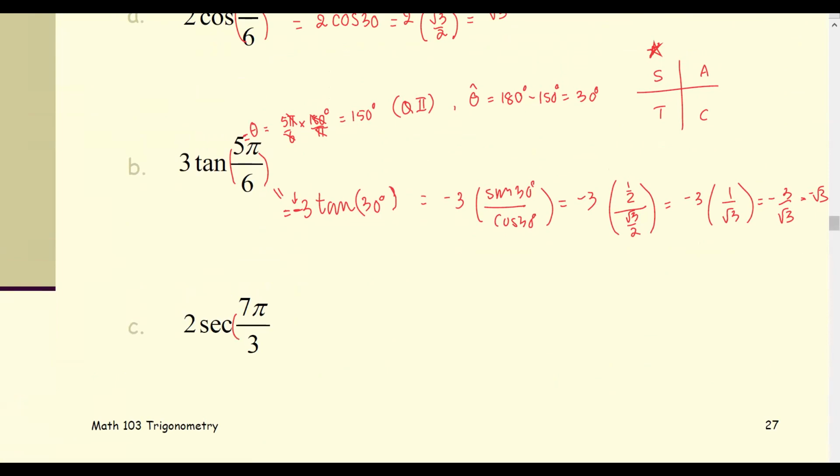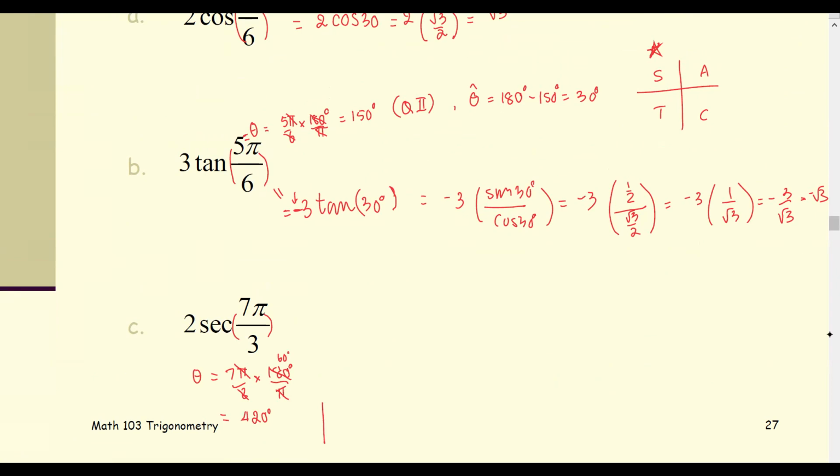Next one, we are going to find the exact value of 2 times secant of 7 pi over 3. The angle theta is 7 pi over 3. Convert to degrees by multiplying by 180 degrees divided by pi. Pi and pi reduce. 3 goes into 180 60 times. This one is 420 degrees.